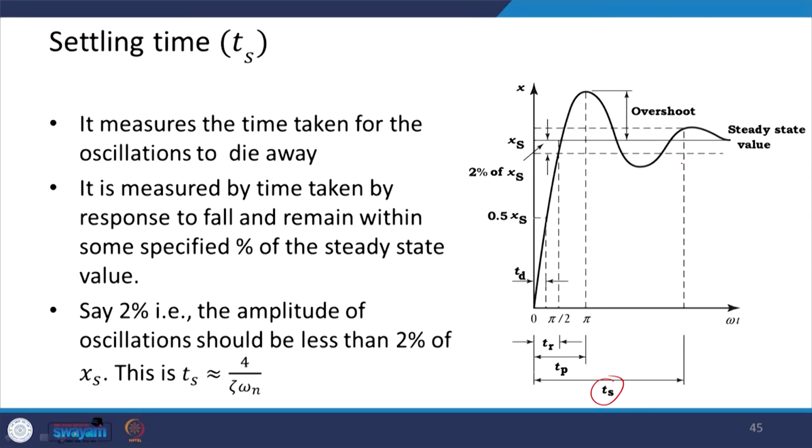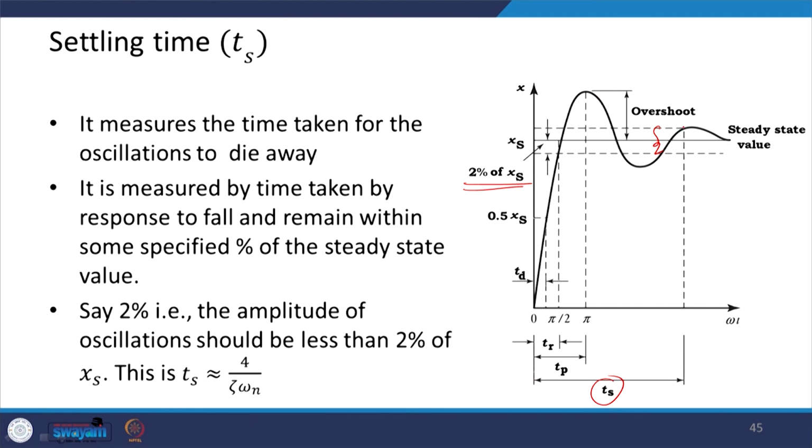There is a certain percentage of the steady state value, say 2%, and if your system reaches within 2% of the steady state value and stays within that limit, we say that the system has settled. So, for the settling time Ts, you can see that this zone is 2% of the axis.